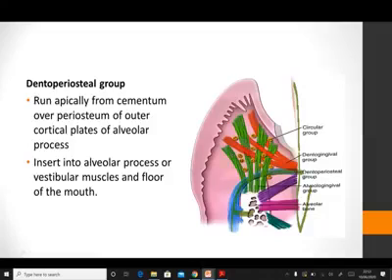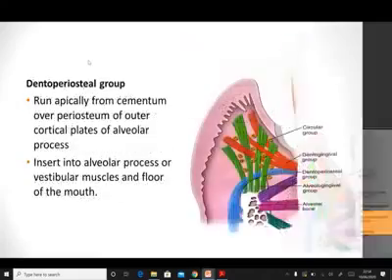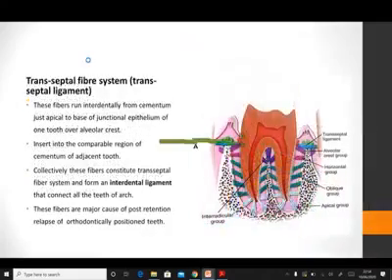Then we have the dento-periosteal that also originates from the cervical cementum, crosses over the alveolar crest, and then it is embedded or attached to the alveolar process or the vestibular muscles or floor of the mouth. Then we have another group called the circular group that circles or makes a band around the neck of the tooth, and basically it helps attach the free gingiva to your teeth.